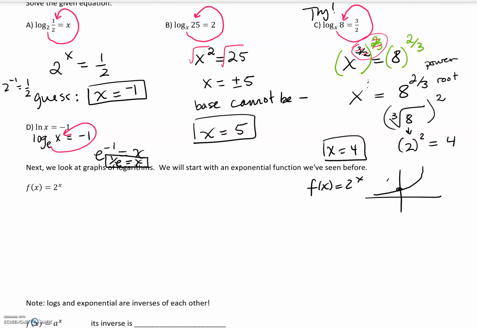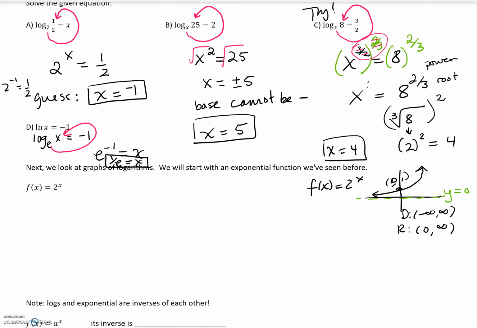We said it goes through 0, 1, and as you go to the right, it's got growth, so you walk up, and it's got that asymptote y equals 0, and we have the domain, which was, I meant everything, -infinity to +infinity, and the range was from 0 to infinity.